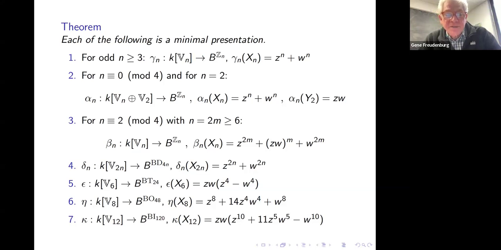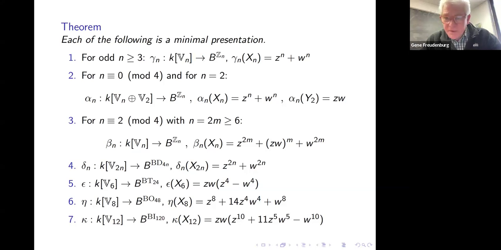So again, the rest of these are given by various irreducible SL2 modules, and those are specifically what the functions are. Okay, so each of those is a minimal presentation, and that's what we get.